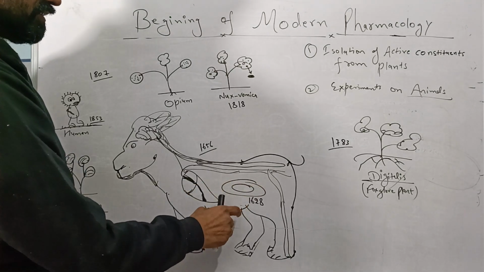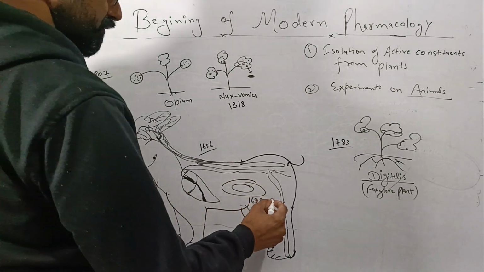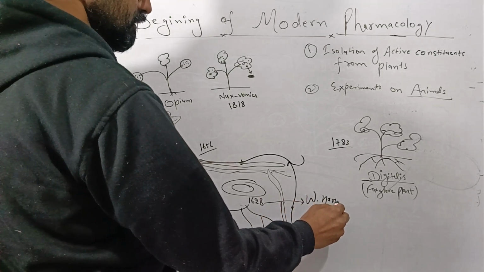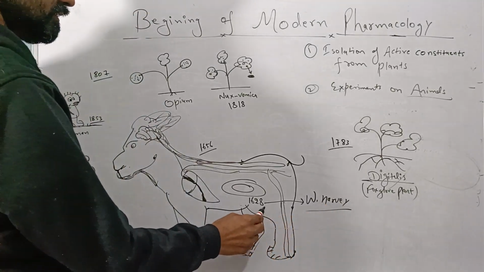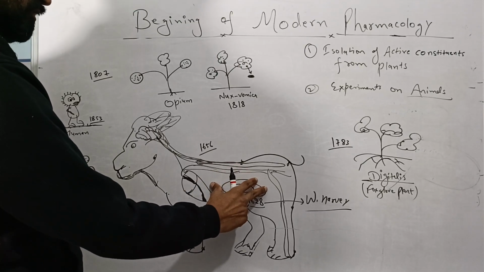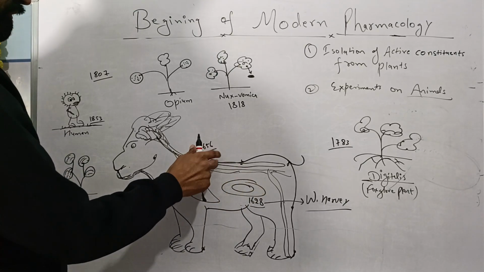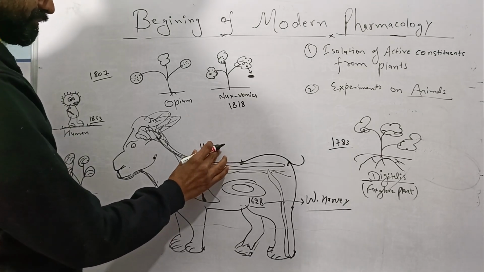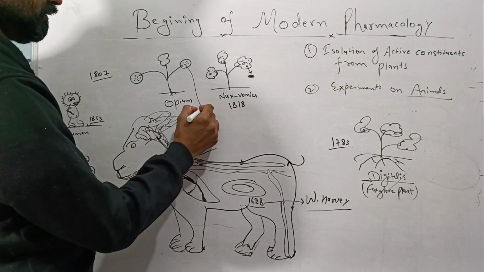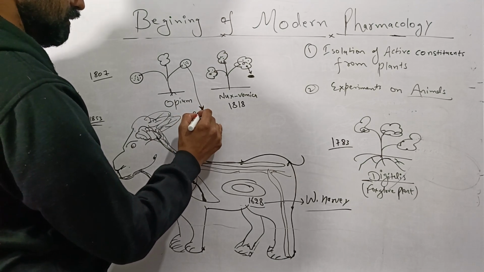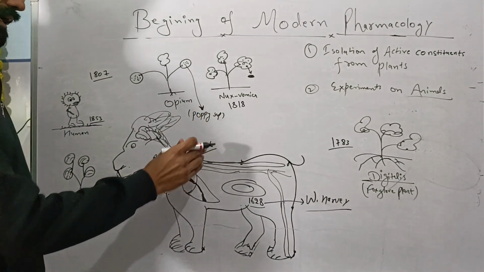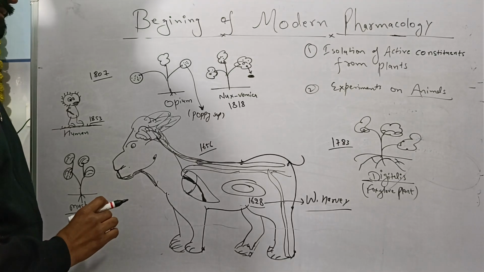The blood circulation system, as we know, was discovered by William Harvey in 1628. After the discovery of the circulatory system, there was one scientist who took poppy sap and injected it into the dog.